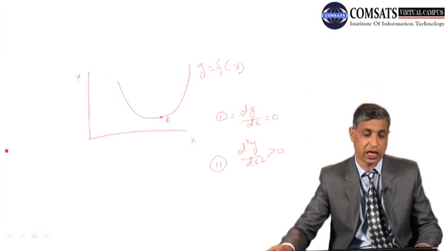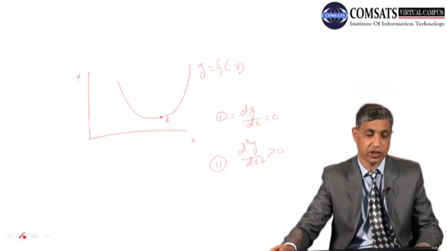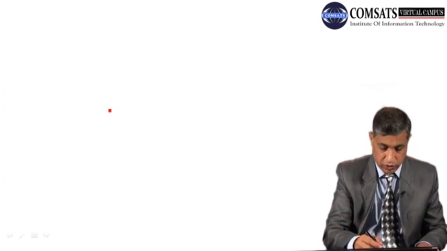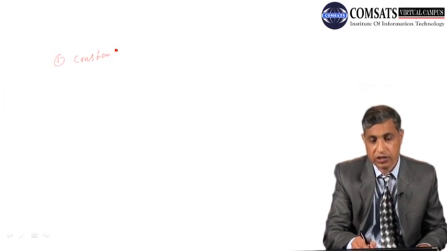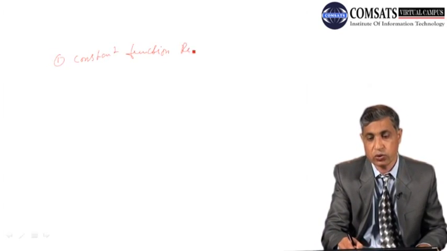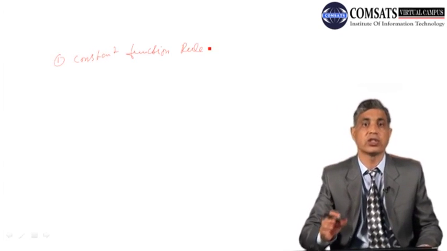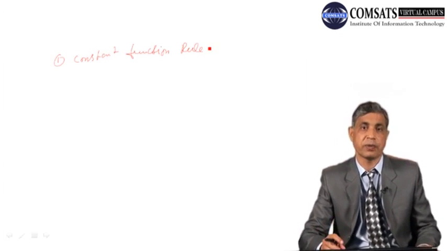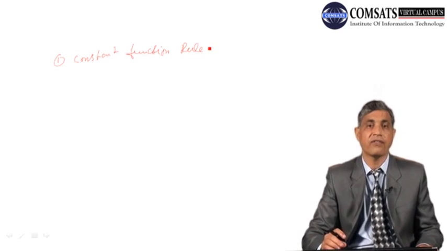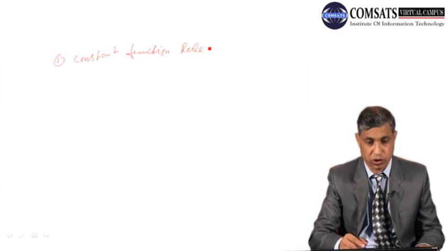So the first rule is called the constant function rule. What is the constant function rule? The derivative of a constant is always equal to 0. Very simple: the derivative of any constant is equal to 0.